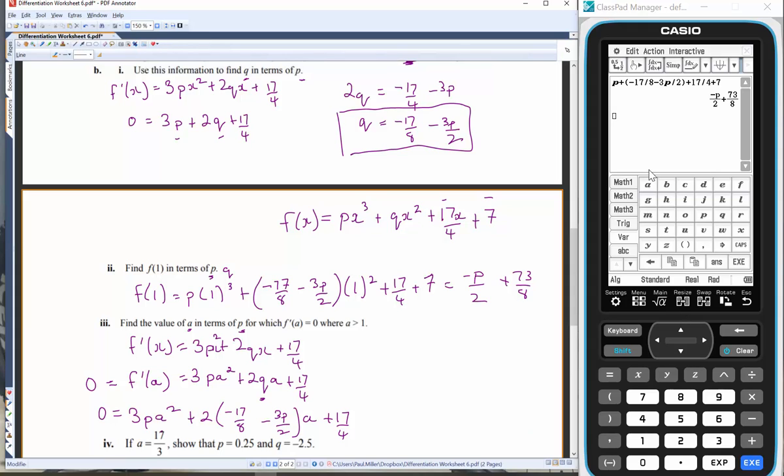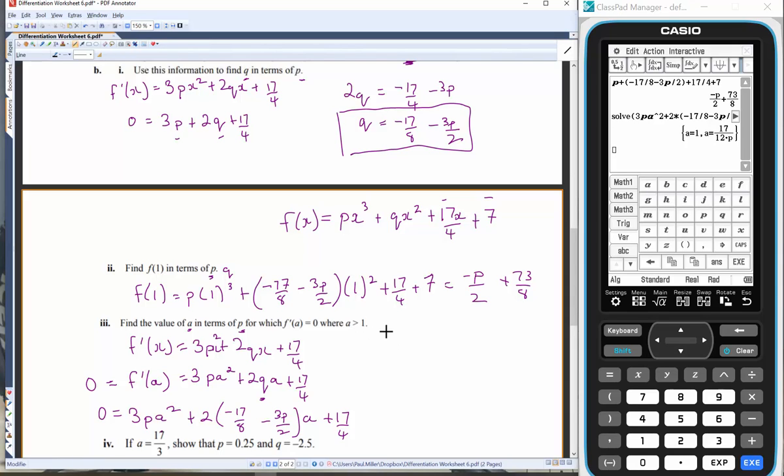So at this point, I'm going to jump over to my calculator and say solve 3p a squared plus 2 lots of negative 17 on 8, take away 3p over 2 times a plus 17 on 4, and we want to solve for a. So we've got two possible solutions.